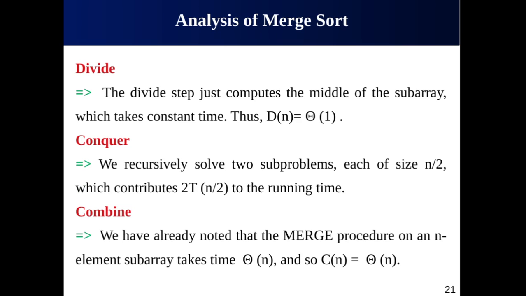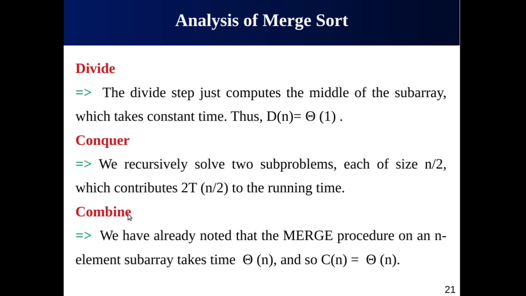So if we want to divide the problem, we need to find the mid of the subarray, and that will take a constant amount of time. In summary, the divide step of the merge sort algorithm takes constant time, represented by theta 1.